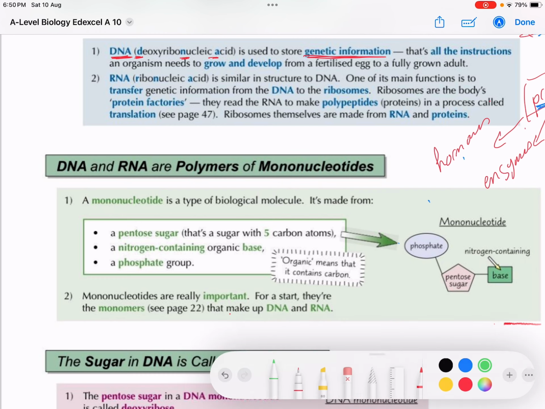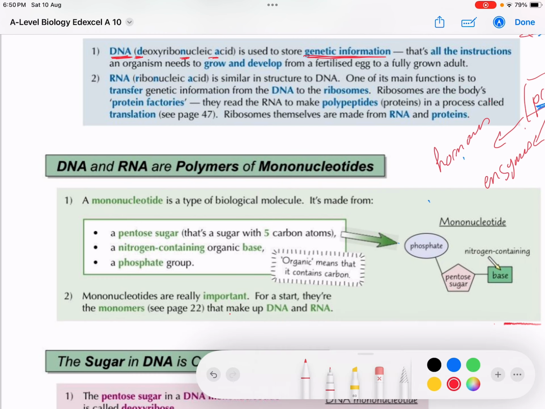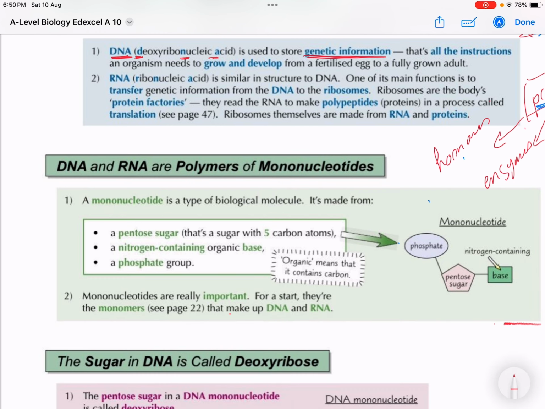What do I mean, guys, by polymer? We already know from chemistry, a polymer is a long chain made up of monomers. Just like a necklace: this necklace is made up of beads. If I call that necklace the polymer, then one single bead would be the monomer, and they join together to form the big polymer.